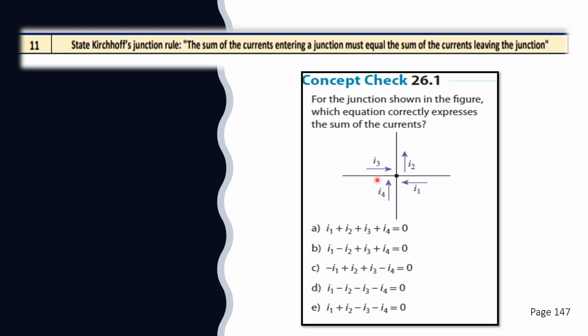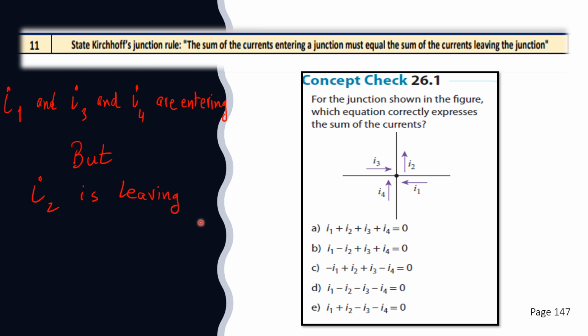Okay, let's discuss the picture first. We can see that we have 4 currents entering or leaving the junction. Let's count first the currents entering the junction. Yes, I1, I3 and I4 are entering the junction. But what about I2? Yes, I2 is leaving the junction.